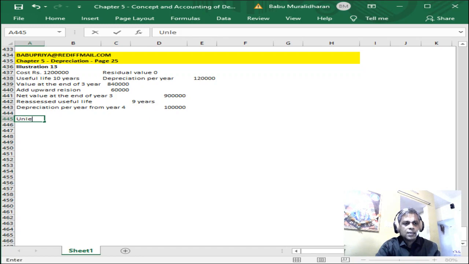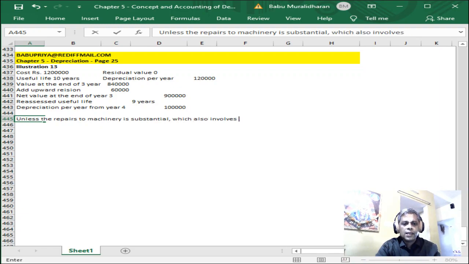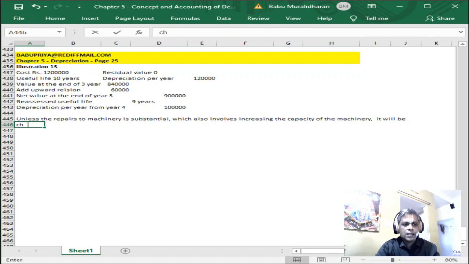Unless the repairs to machinery are substantial, which also involves increasing the capacity of the machinery, it will be charged to P&L account.